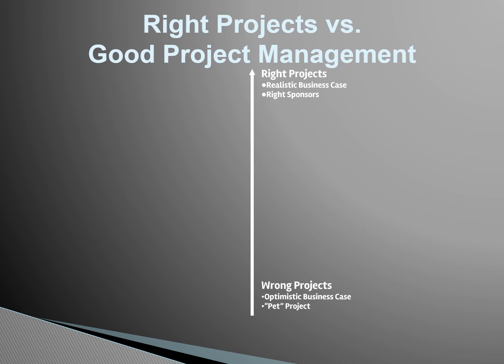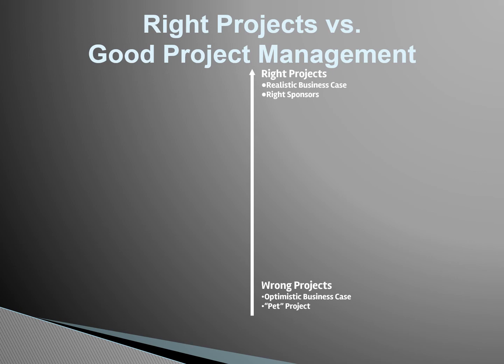Selecting the right project is typically one of the most important activities in managing projects. To highlight this point, let me share with you a chart that I've developed over the years, where the vertical axis, or y-axis, shows the right projects versus those that are wrong projects.